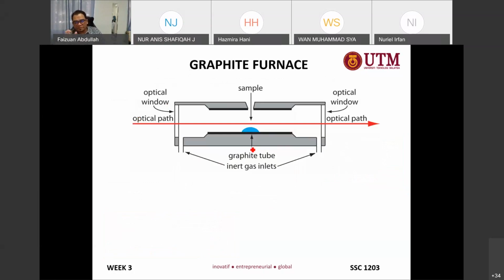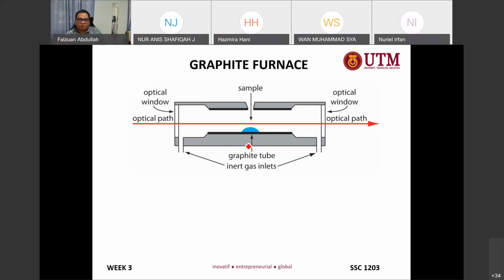Sometimes our sample contains an element that, when we atomize it, will evaporate very fast. For example, we have arsenic and antimony. When we burn them directly in the flame, they will not absorb the energy from the light source because they easily evaporate out.